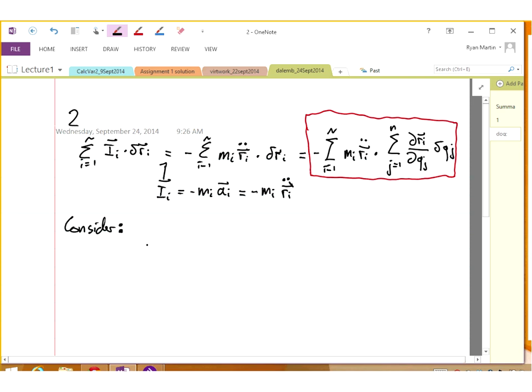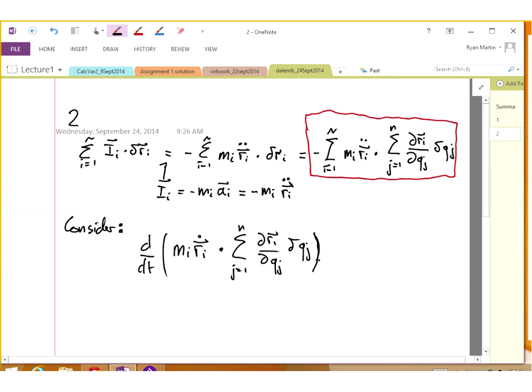So consider taking, for some reason, the total time derivative of m_i r_i dot, so only with one dot, dotted with the sum of j equals 1 to little n of partial r_i vector by partial q_j delta q_j.